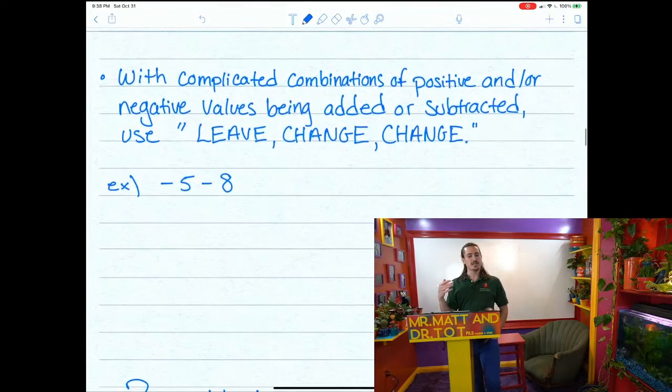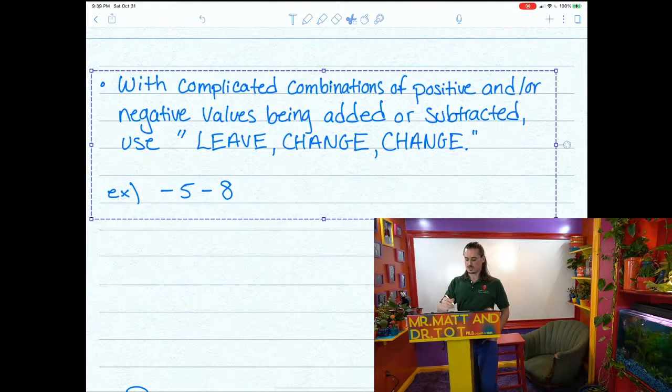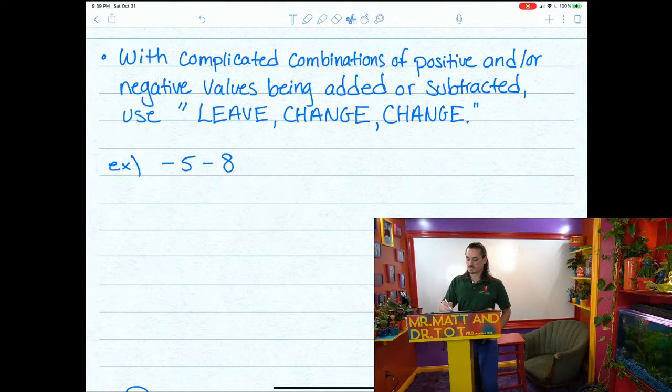Remember that each number has a sign, and then on top of that you have the operator, whether it be addition or subtraction. If you don't see a sign, that's because the number is implicitly positive. So negative 5 minus 8. Really the 8 has a positive sign. The operation is subtraction, but it's negative 5 minus a positive 8. We just don't usually write the positive sign.